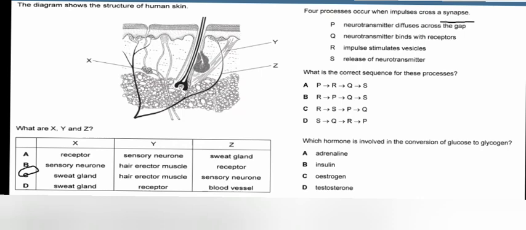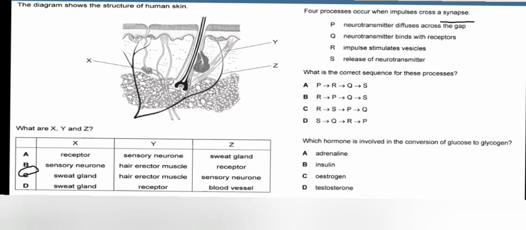Then Q, neurotransmitter binds with receptors. Then R, impulse stimulates the vesicles. Then S, release of neurotransmitters. Now the question is asking, what is the correct sequence for these processes?